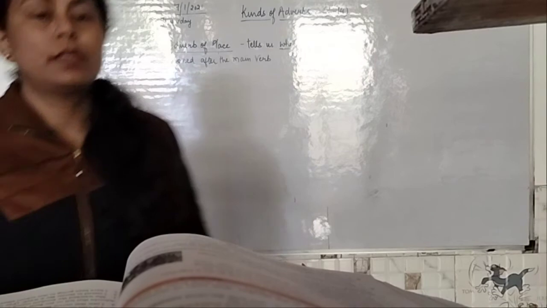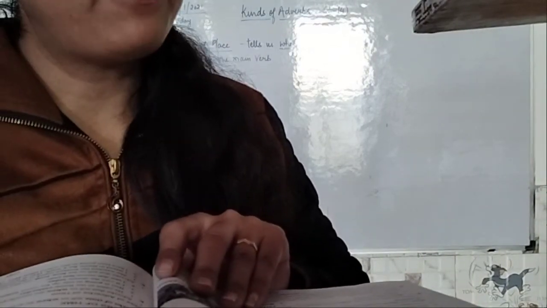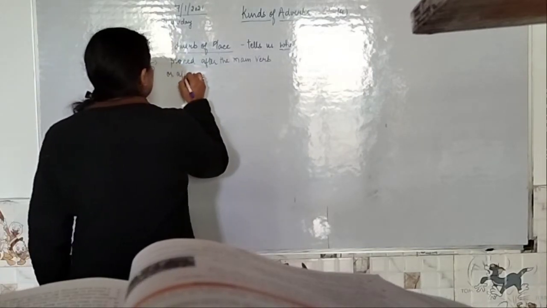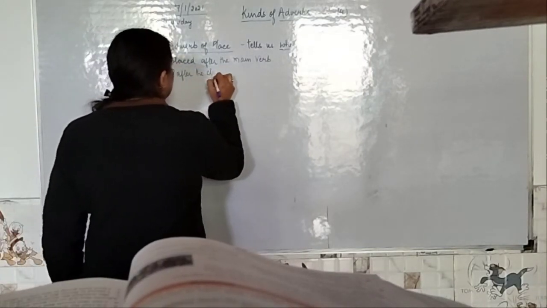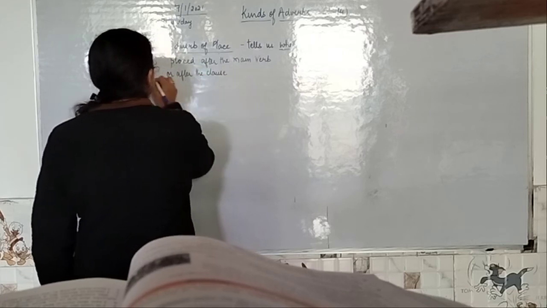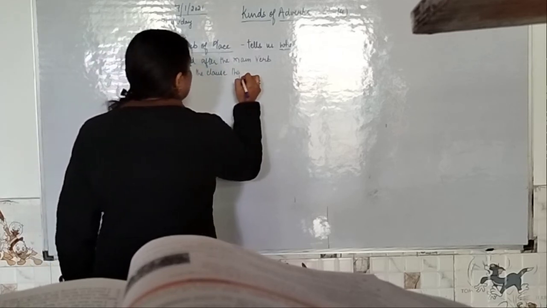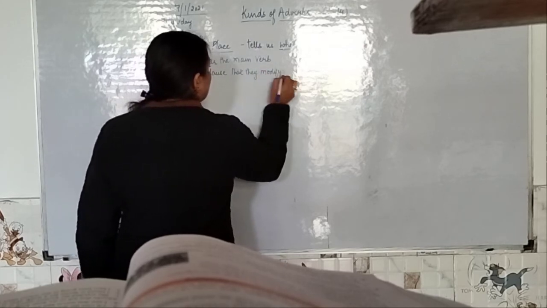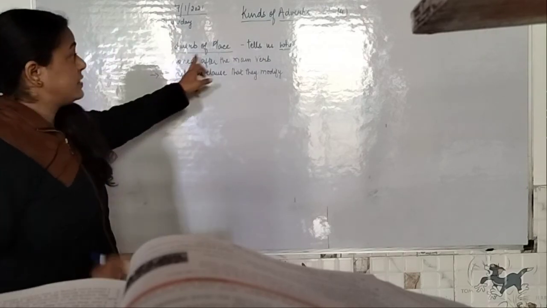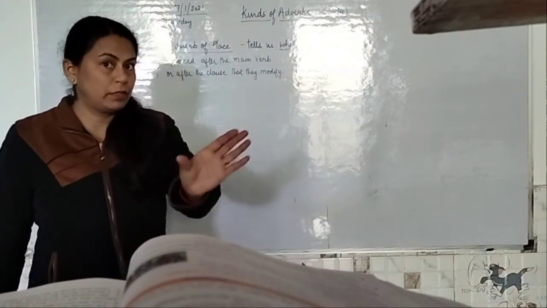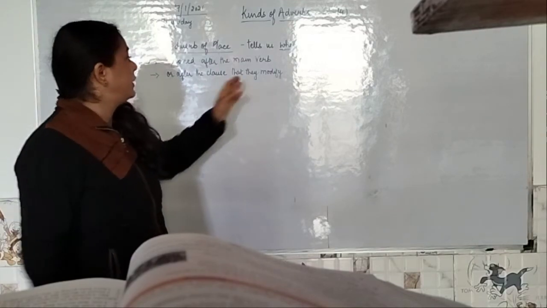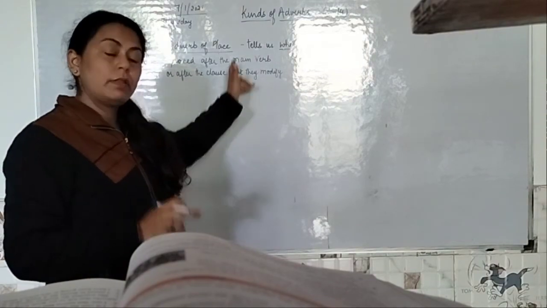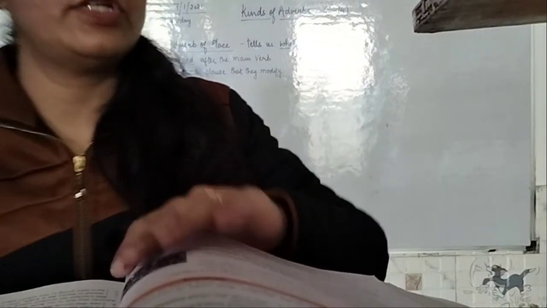So this point is this: they are placed after the main verb or after the clause that they modify. या तो main verb के बाद लगते हैं, या after the clause that they modify, या ऐसे clause जिसको ये modify कर रहे हैं या ये उसके बाद लगते हैं या ये main verb के बाद place किए जाते हैं.